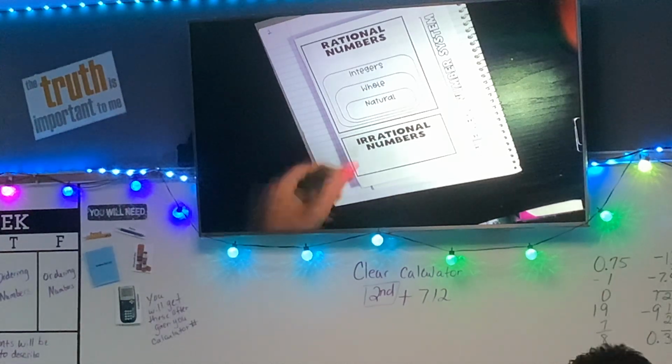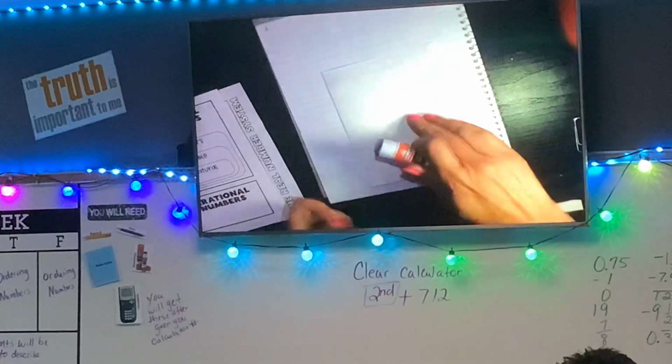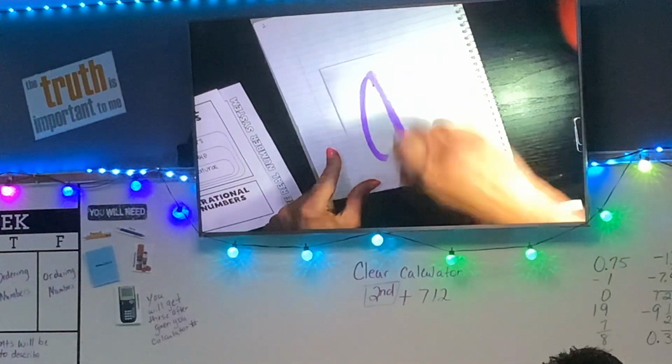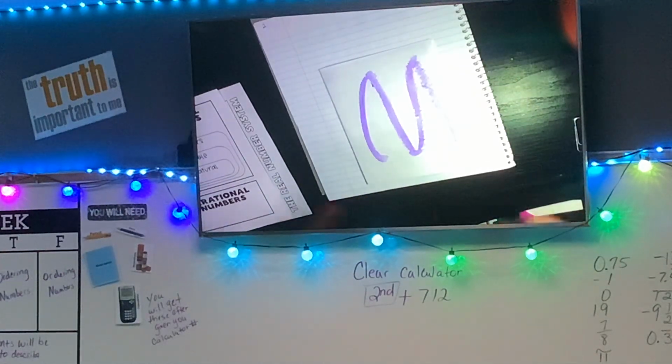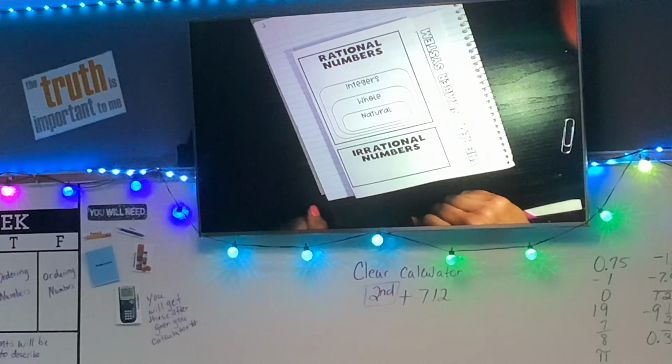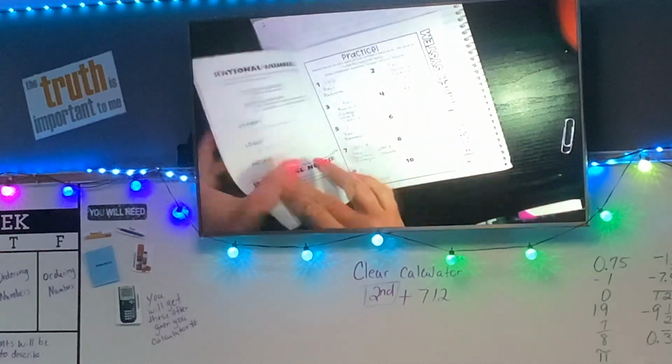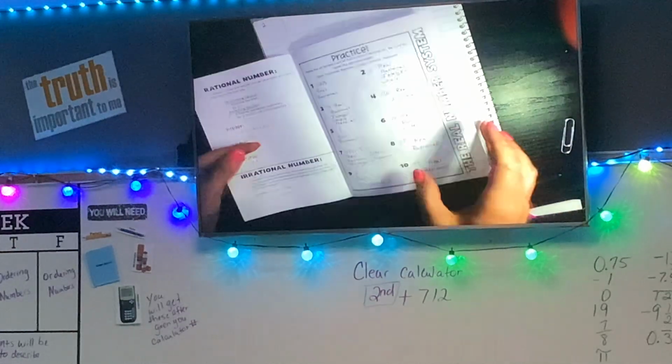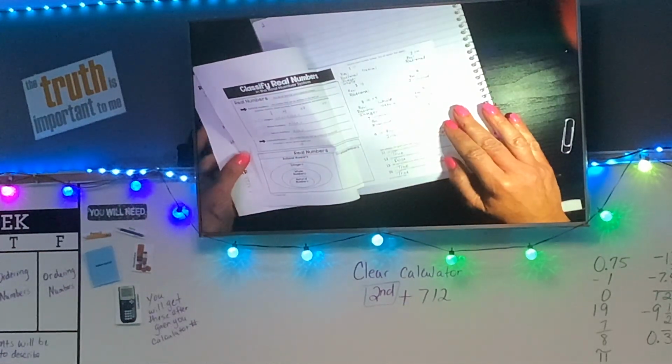Now watch what I do. I'm going to take this page that already is there and I'm just going to put glue on it and I'm going to go like this. Real easy. I just put glue on the one that's there. Now look, I've got a cute foldable. And I didn't waste any pages. Everything's on one.